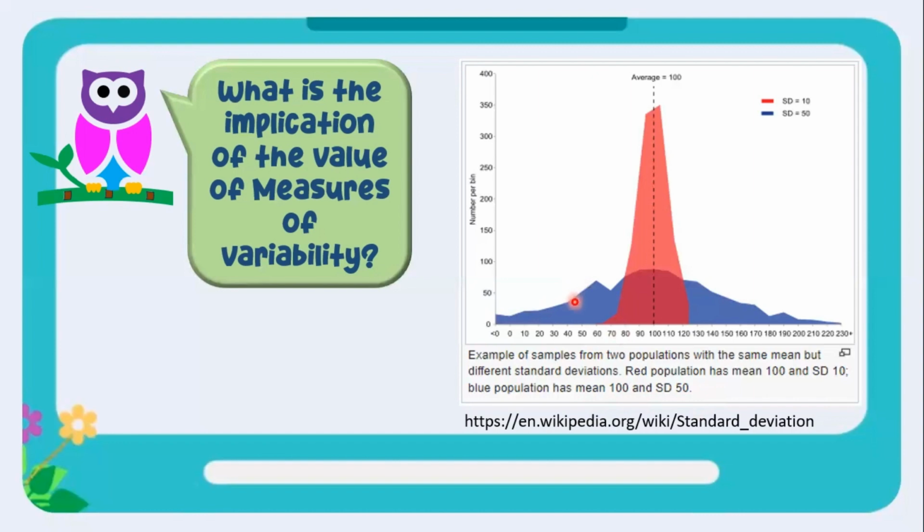Look at the spread of values. It is spread towards its ends. And look at the red population. It is much clustered at the center, nearer to the mean. So if we consider the reliability of this result, the red population is more reliable than the blue one.